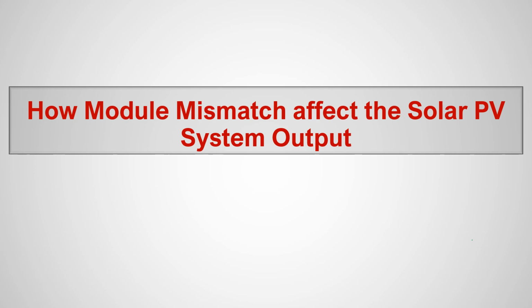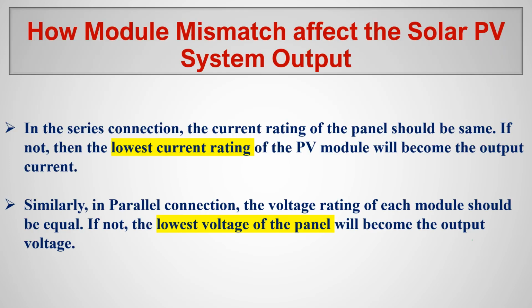So usually solar installers always use the same size of panels, the same size of module in technical words, for installation. But sometimes if they mix different sizes of module, it creates problems. So we are going to discuss what kind of problem it will create if you mix different sizes of module.